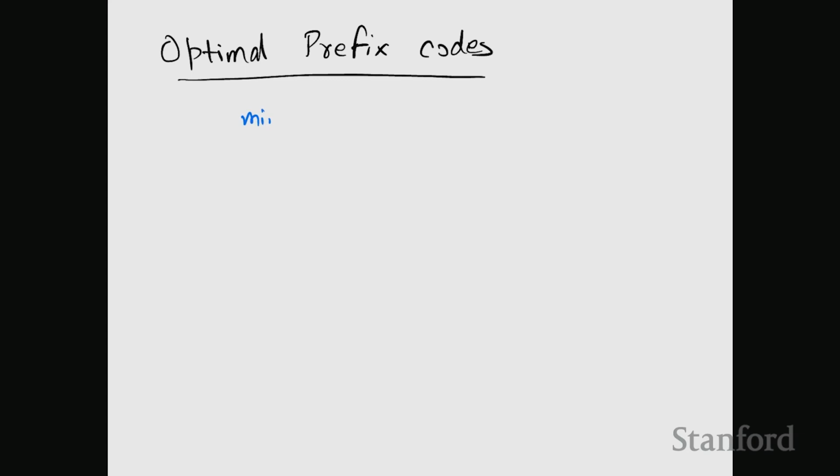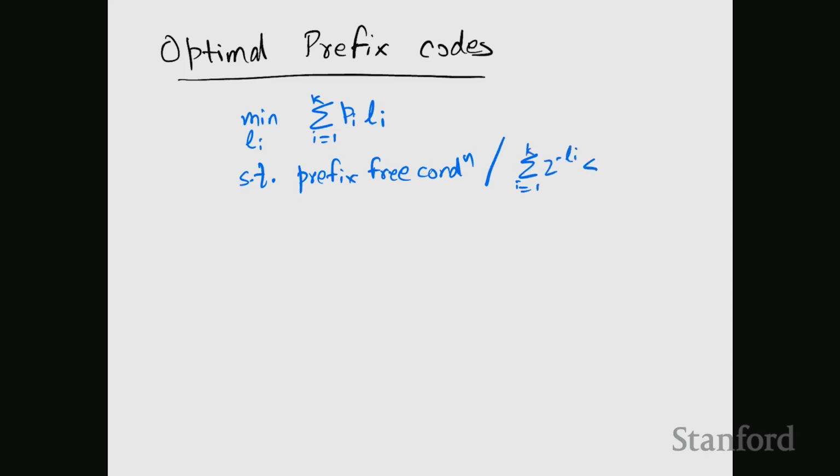In our case, optimal means we want to find the lengths such that this sum, the expected code length, is minimized, subject to the prefix-free condition or equivalently satisfying Kraft's inequality, which we saw are equivalent. So this is the definition of optimal prefix codes.